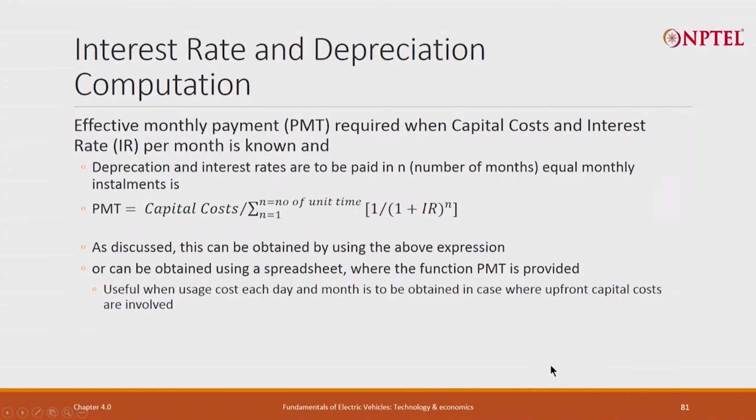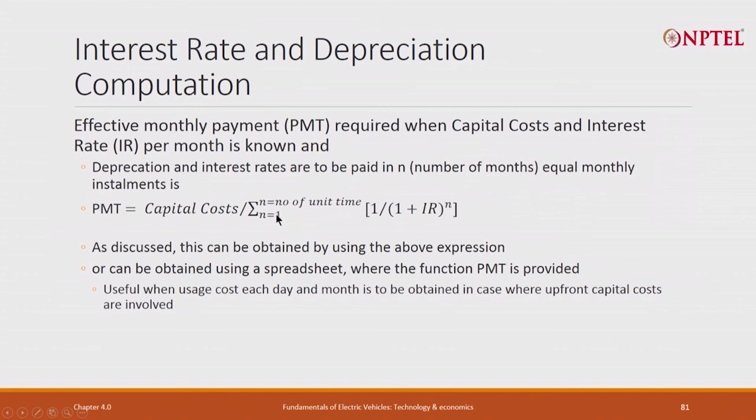Now, as I pointed out, the effective battery cost is depreciation and interest rate. So, PMT is a formula that I said you can use Excel. But what exactly is it? Actually, this is the formula for PMT. It is a capital cost divided by a summation over a series.